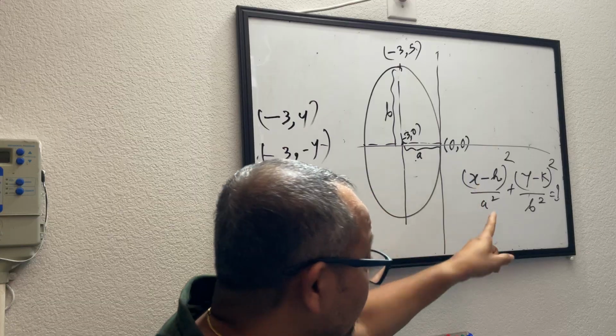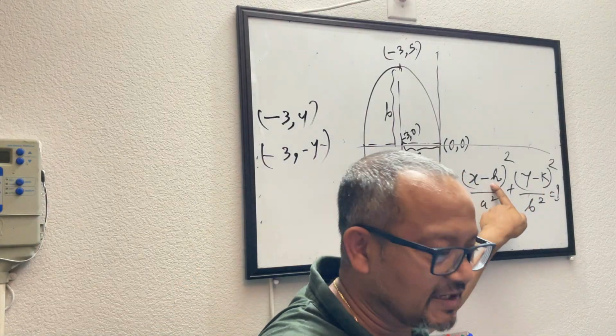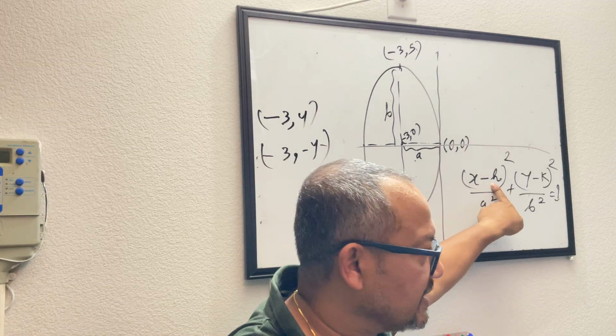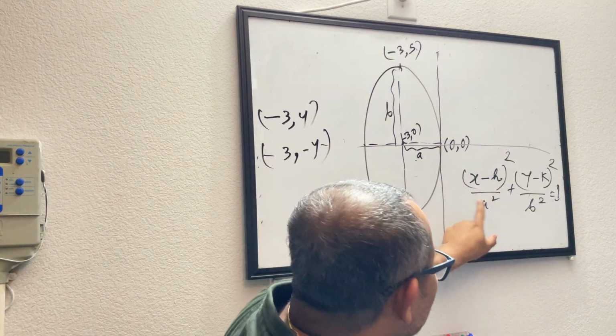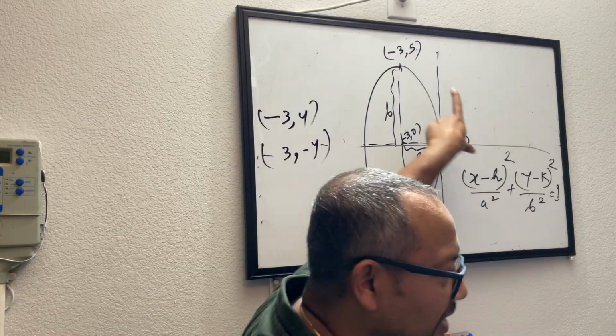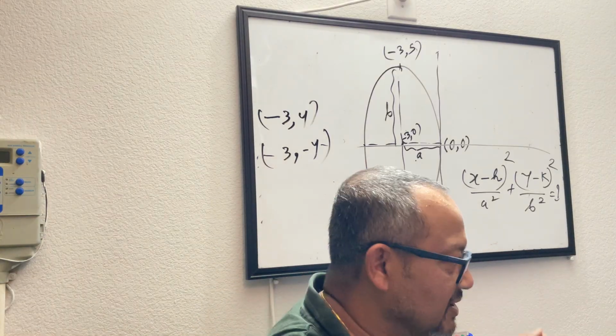When I look at this equation, this h and k are the x and y coordinates of my center or origin of the ellipse. Okay? And a is the radius along the x-axis and b is the radius along the y-axis. I will not say a is my major radius or b is my minor radius.